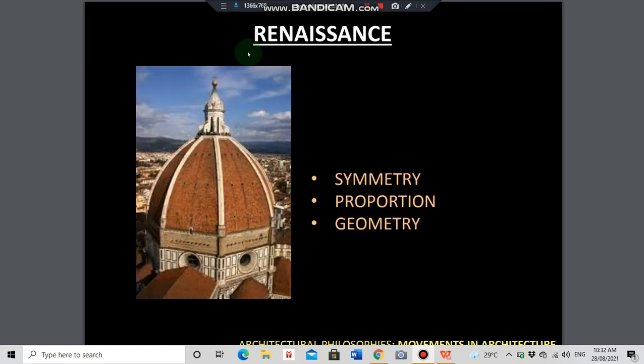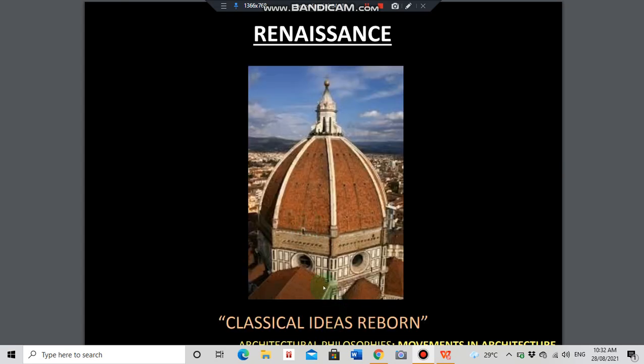Then the Renaissance period. So during that period, inobserve din nila yung symmetry, symmetrical balance, the proportion, then geometry, different types of geometry. The classical ideas reborn.